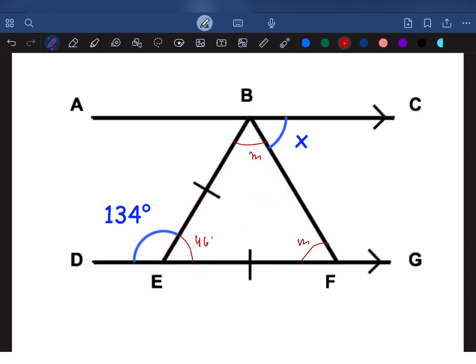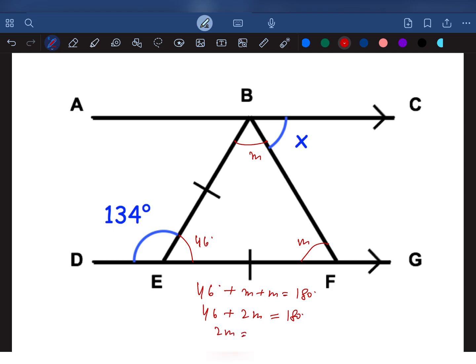So 46 degrees plus 2M is equal to 180 degrees. Now we can solve it by the inverse operation method.